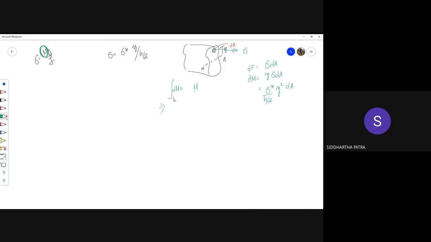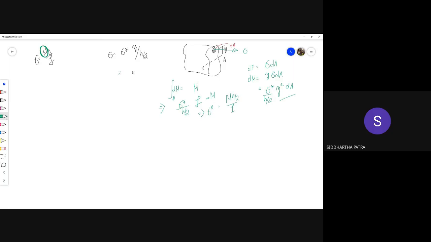So if I now do the integration across the area, sigma star and h by 2 come out of the integration because they are constants, and then I am left with I, the integration of y squared dA. So that is the expression for sigma star.